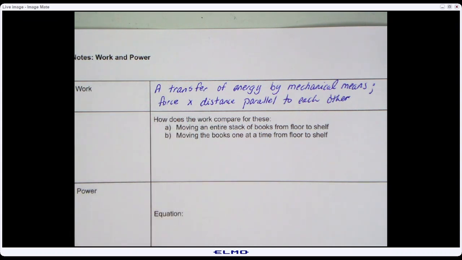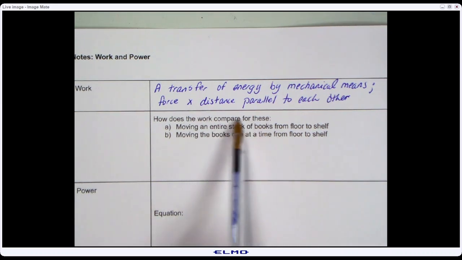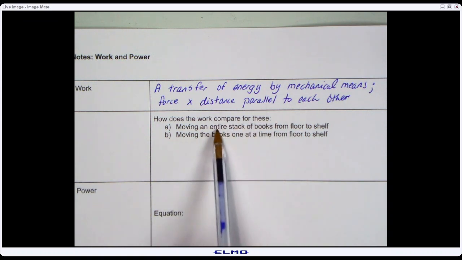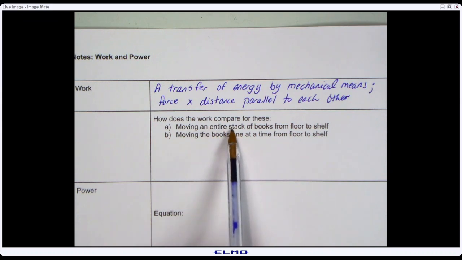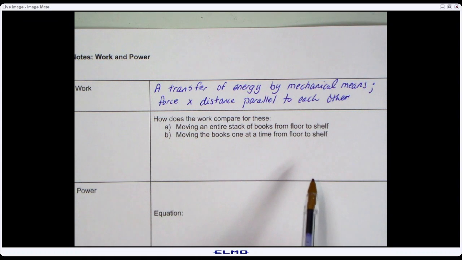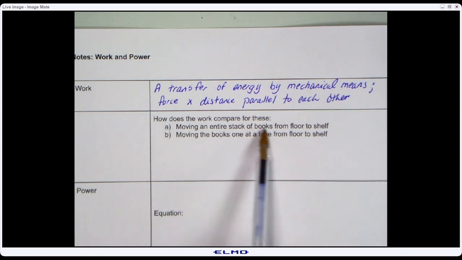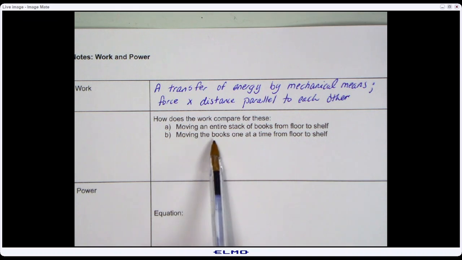Okay, so what is the equation for work? It's force times distance. As far as the force, how would you calculate the force for this? It's the weight, right? Which is going to be mass times gravity. So we have the weight, mass times gravity, for the whole stack, times your distance or your displacement. Both of these, displacement is going to be the same, right? Okay, so what if I take each book individually?